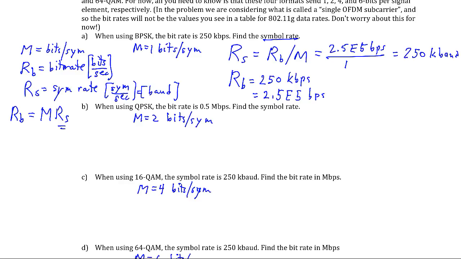Okay. For part B, it's much the same. My bit rate is given to me, and it's good practice to write each of these bit rates down before you plug into the equation, 0.5 megabits per second.